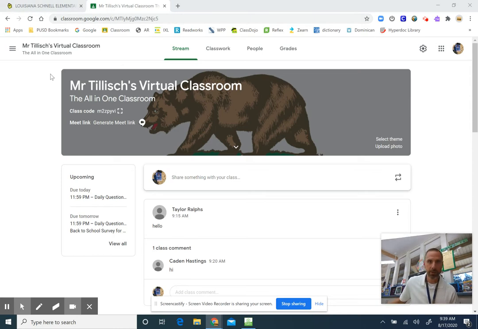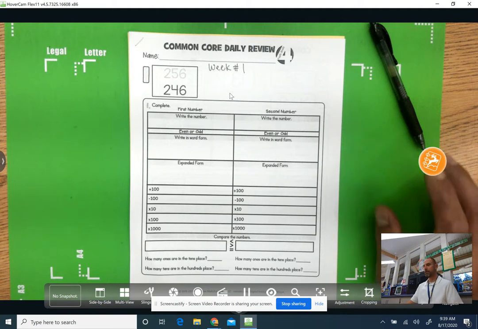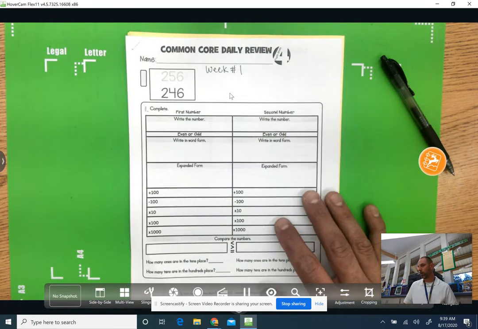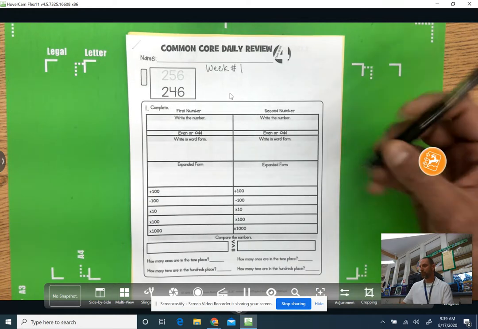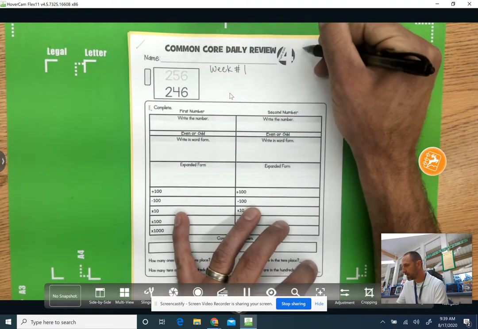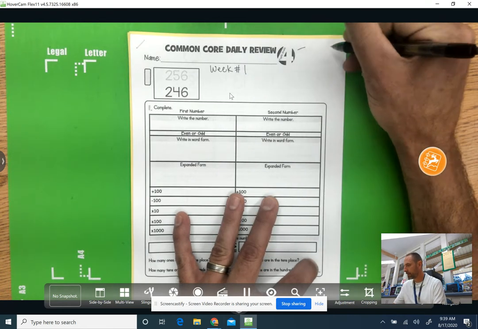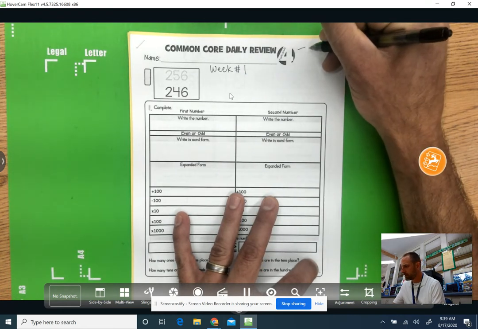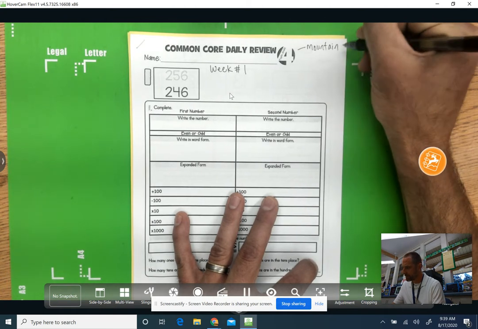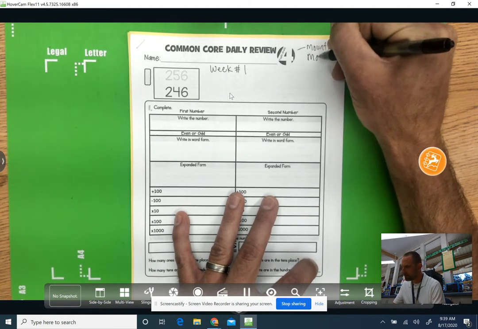What I'm going to do is shift on over to my document camera here, and I'm going to take a look at what Mountain Math is. Mountain Math is actually Common Core Daily Review, but it is a long-standing program, and we know it as Mountain Math.